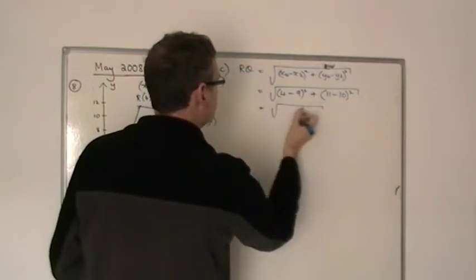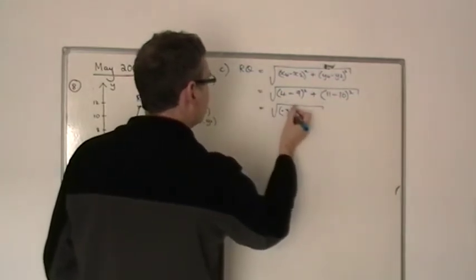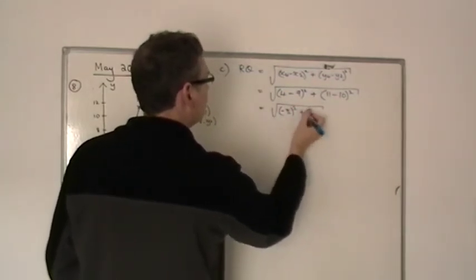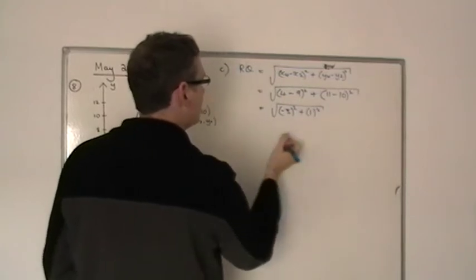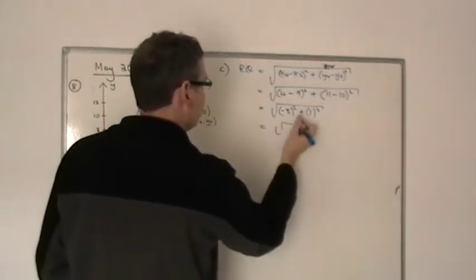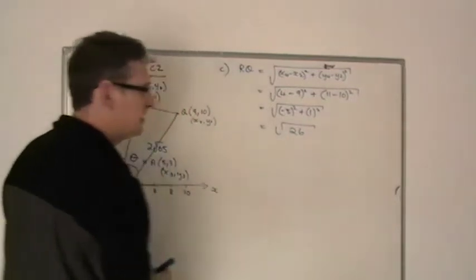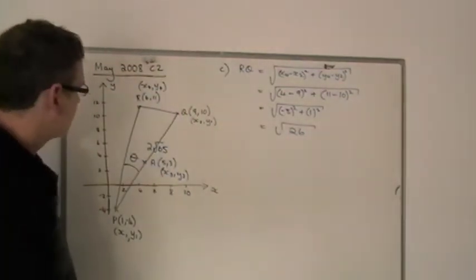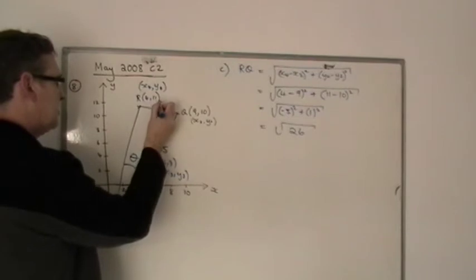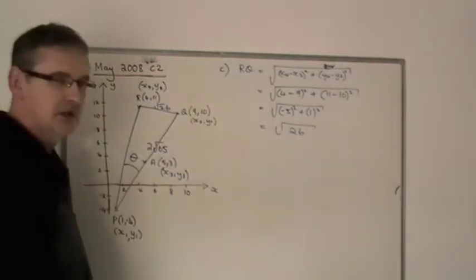You get the square root of minus 5 squared plus 1 squared, that's the root of 25 plus 1, it's the root of 26 units. So across there is root 26 units.